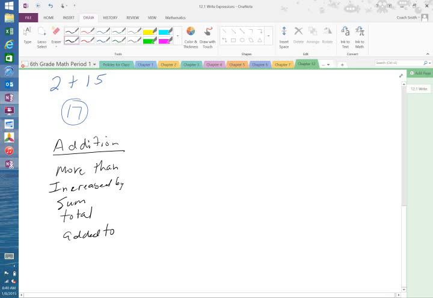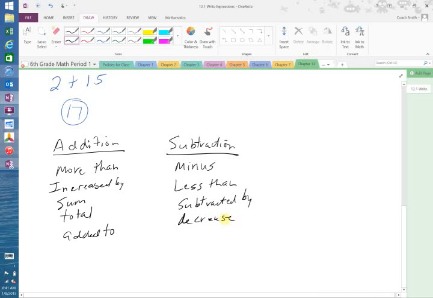Those are some words that commonly mean the mathematical operation of addition. Subtraction is minus, less than, subtracted by, decreased. Those are all words that are commonly used to express subtraction.